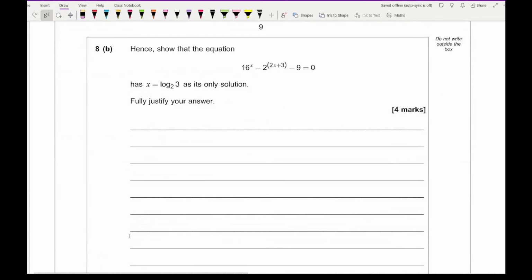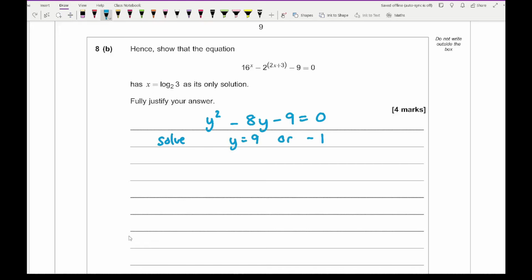Then moving on to 8b, it says show that the equation, which is written, I'm not going to read out, has x equals log to the base 2 of 3 as its only solution, and fully justify your answer. So if I go back to the original quadratic involving y, we get this. Now solving this, either using factorizing or the quadratic formula or your calculator, we get y equals 9 or minus 1.